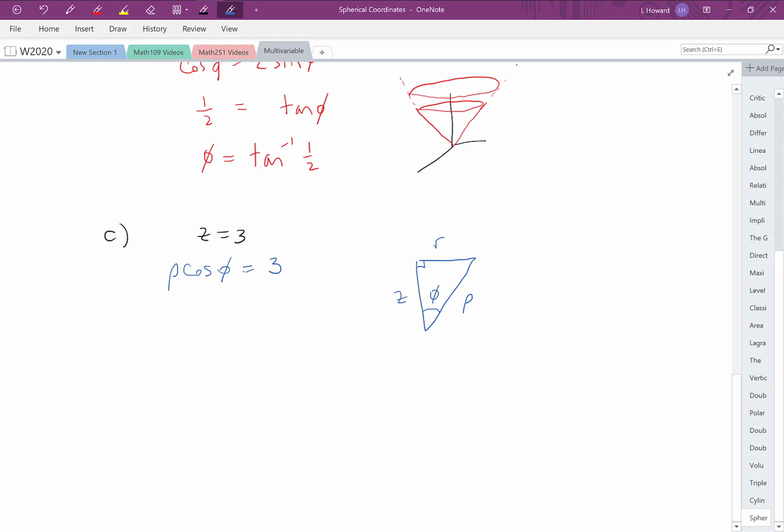So we could say rho cos phi equals 3, or that might be rephrased as rho equals 3 secant phi. That's just like saying when you divide through by cos phi, you get this 1 over cos phi on the right side, which is the same thing as secant phi. So I'd say either of those is a good answer. The point is that we've rewritten our answer using only the spherical coordinates, which are rho, phi, and theta.